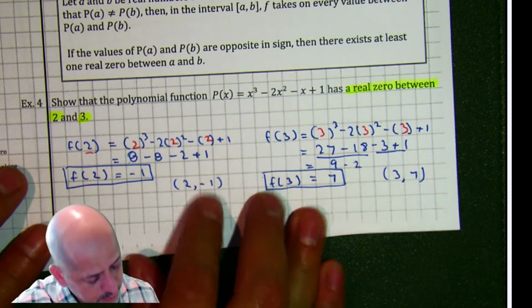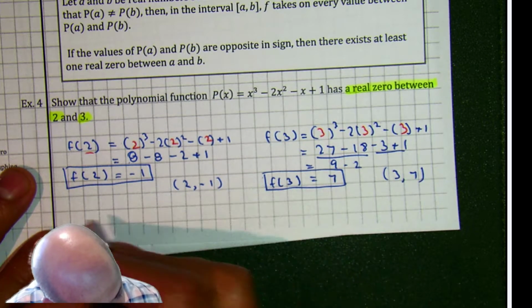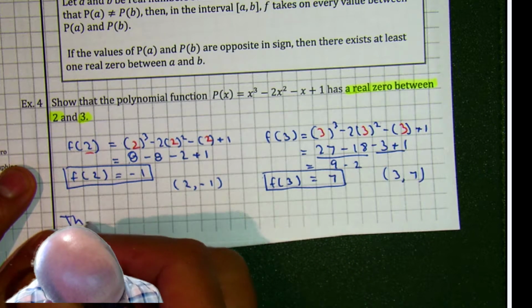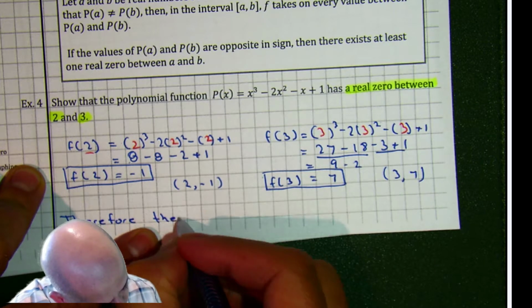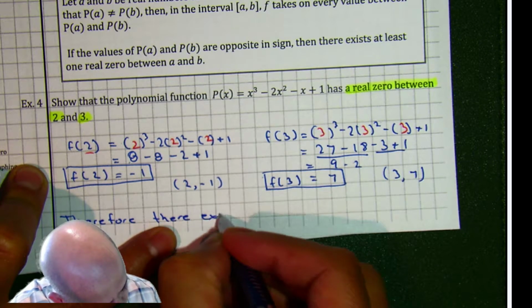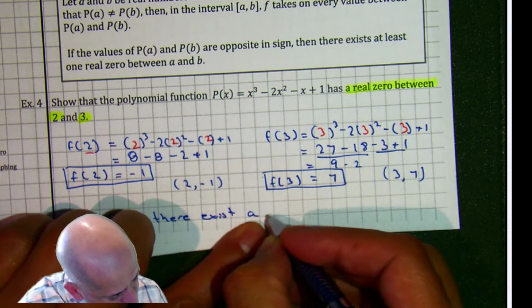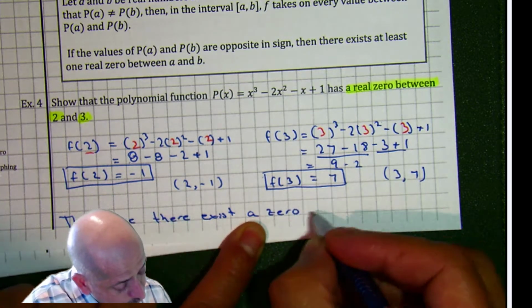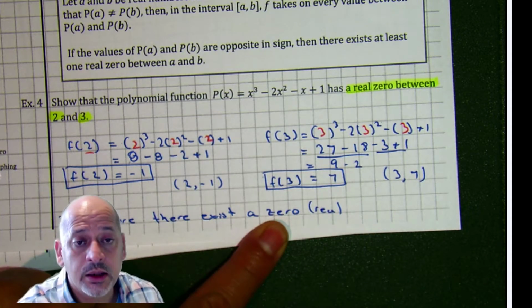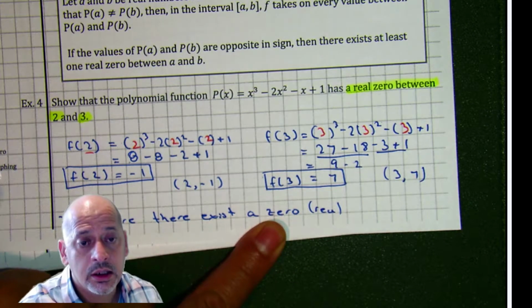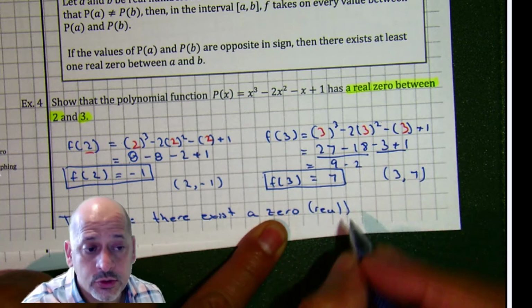So therefore, there exists a real 0, correct? Because in the next section, we're going to be talking about imaginary and complex solutions.